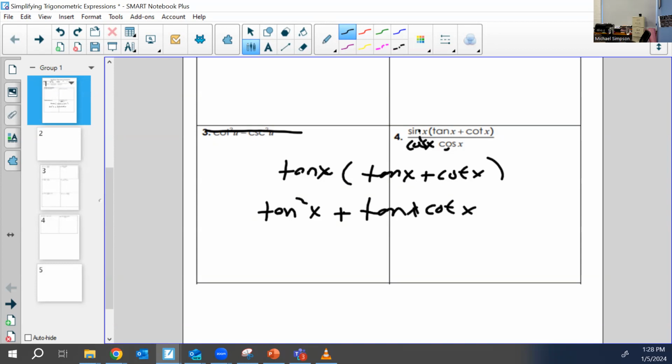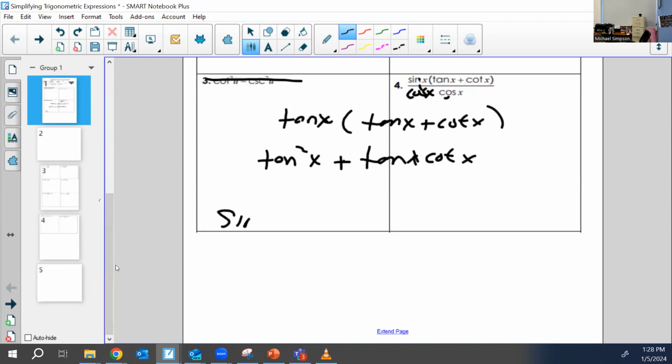Sine x times the reciprocal, which is cosecant x, is equal to 1. Cosecant x is 1 over sine x, so they cancel each other out. Cosine times its reciprocal, which is secant x, is equal to 1, because secant x is 1 over cosine, and they cancel each other. So therefore, tan x and cotan x is equal to what?